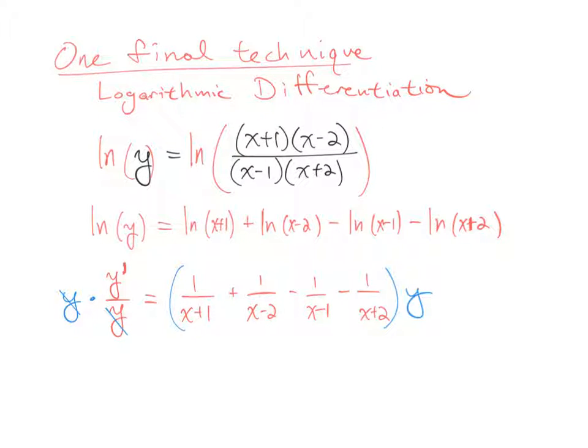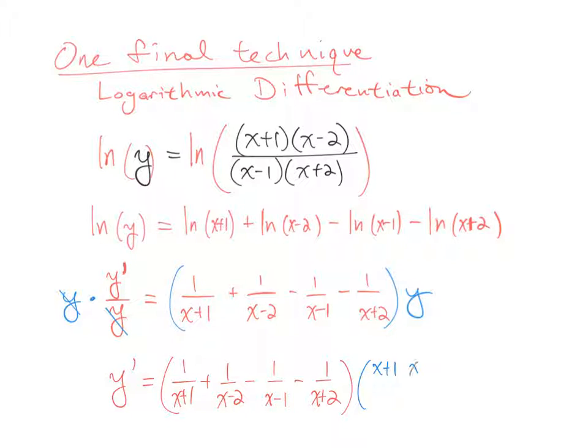So you'll get something like this. y prime equals 1 over x plus 1, 1 over x minus 2, 1 over x minus 1, 1 over x plus 2, with the correct signs in here. And then lastly, go back and substitute in that x plus 1, x minus 2, x minus 1, x plus 2 in for that y.